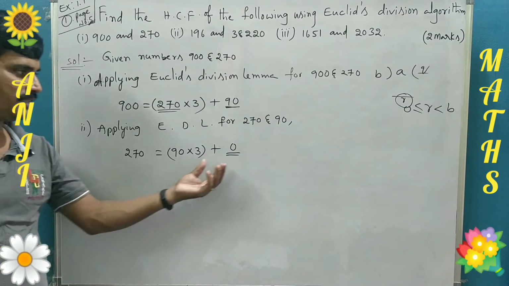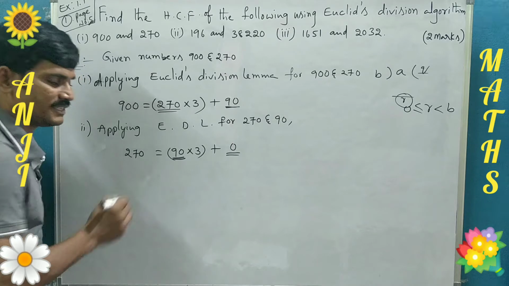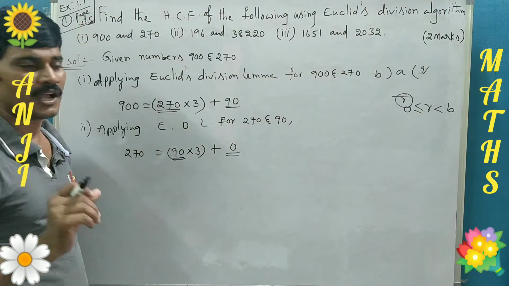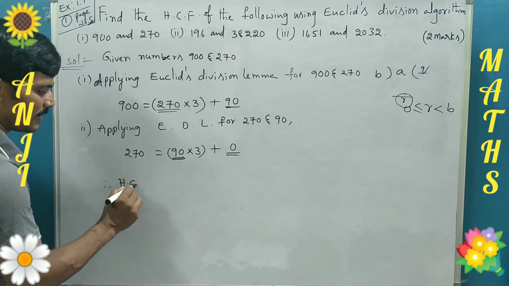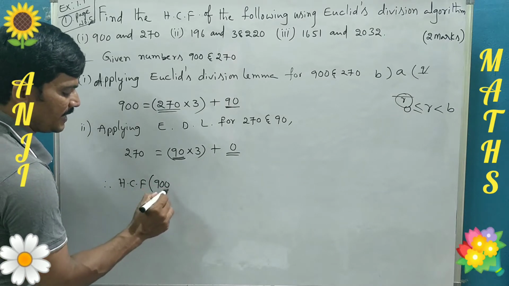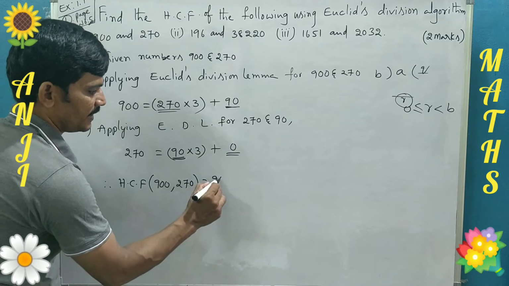So here the remainder is 0, which means you got the HCF. This divisor is the greatest common divisor, otherwise the highest common factor. Therefore, the HCF of the given two numbers 900 and 270 is 90.